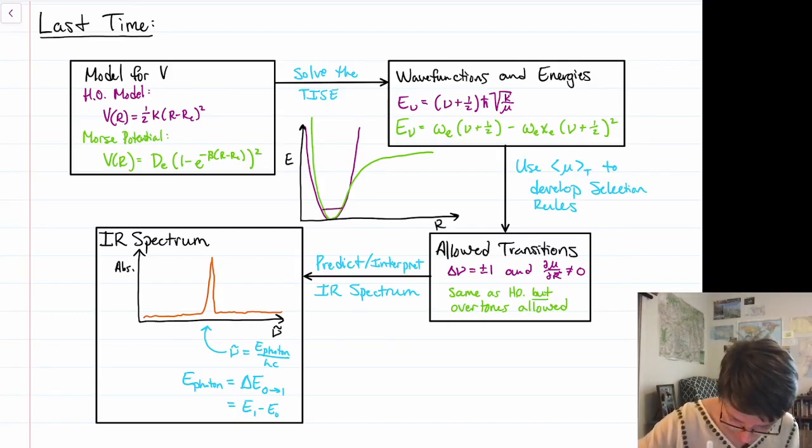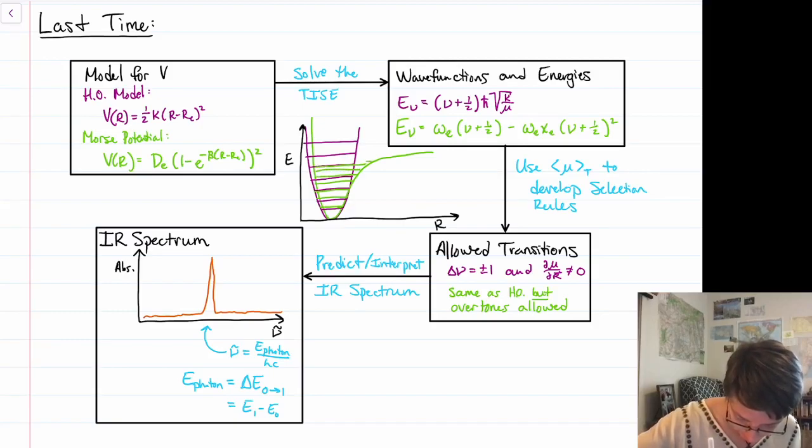And so you may see your energy level diagram drawn with these lines that should be evenly spaced apart in the case of the harmonic oscillator model. And for our Morse potential, should start off really close to our harmonic oscillator model, but eventually start to get line spacings that end up closer and closer together in energy up until the point where the molecule dissociates entirely.